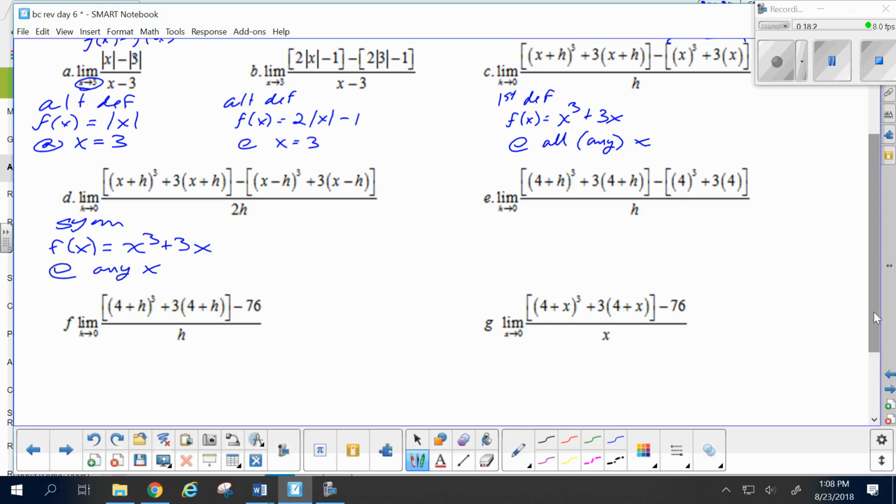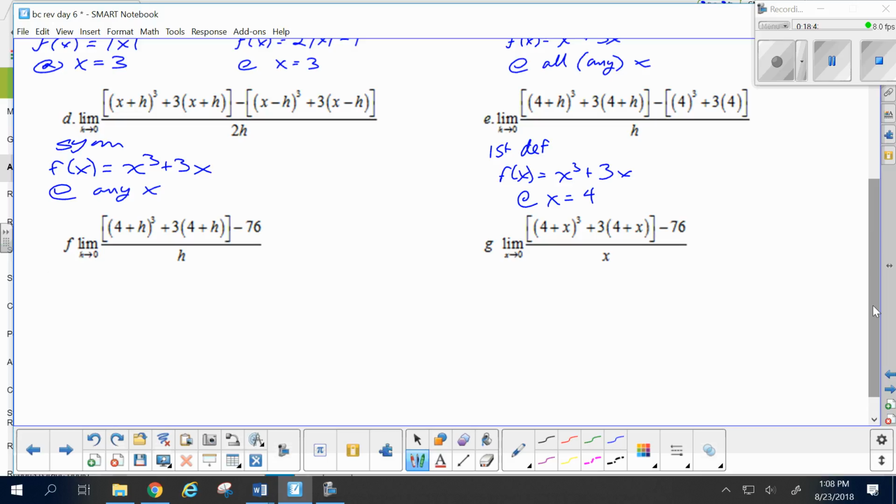All right, now, what about this one? Symmetric, alternate, first definition? It is the first definition at a point. So f of x is x cubed plus 3x, and this one is at x equals 4. Choose that. All right. Next.